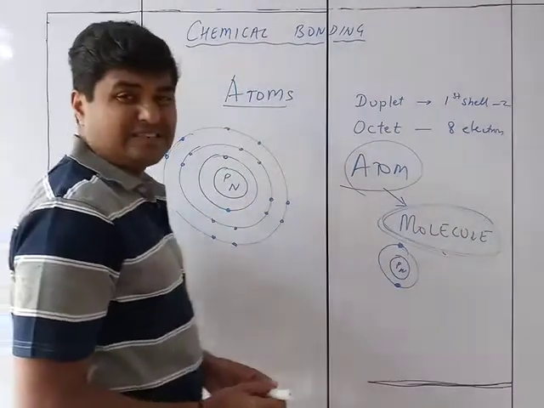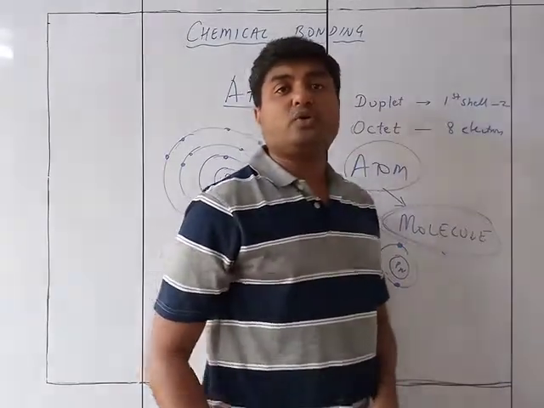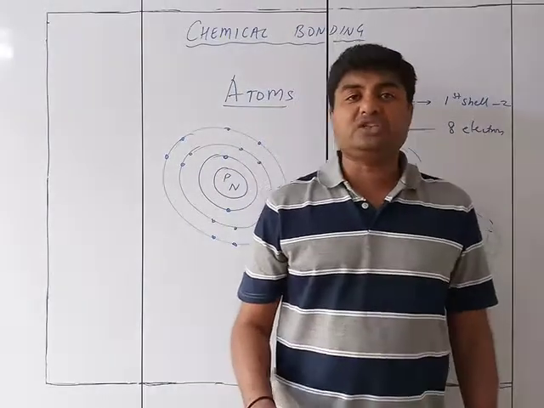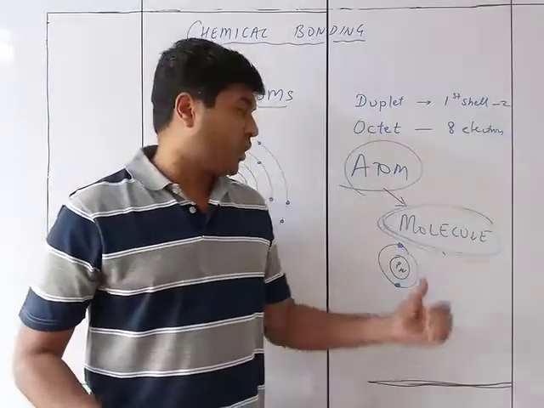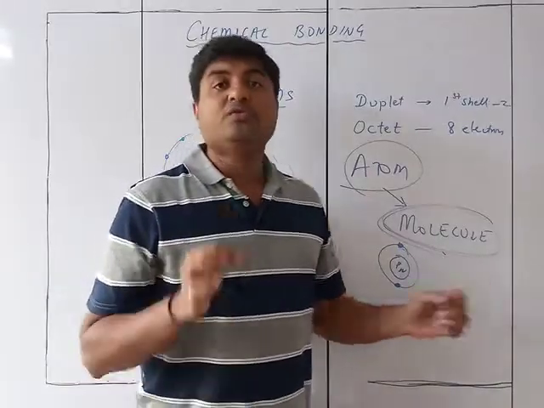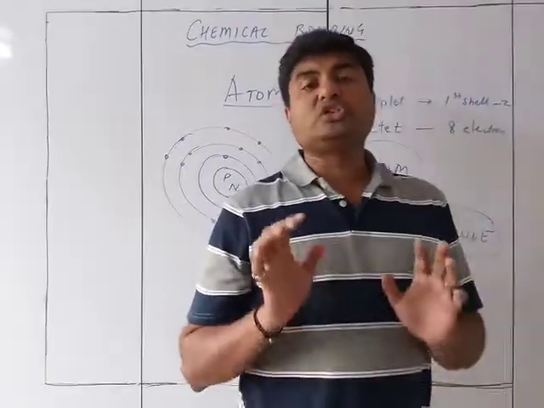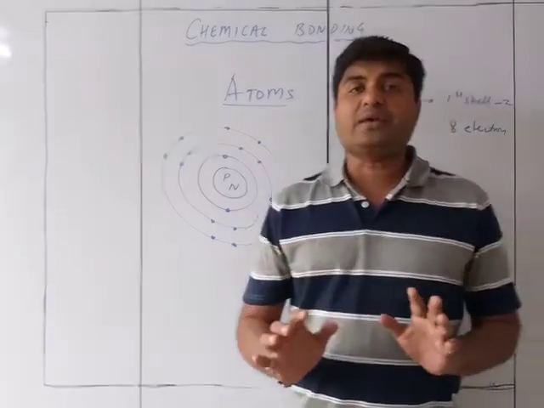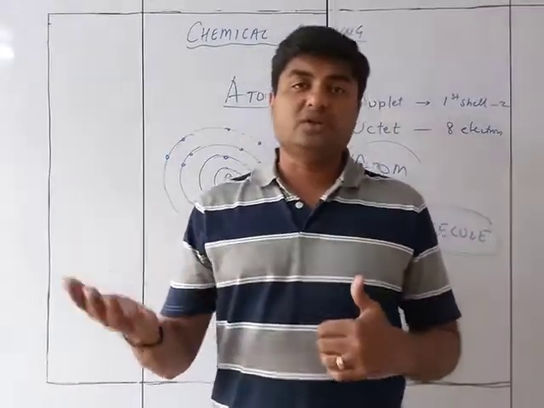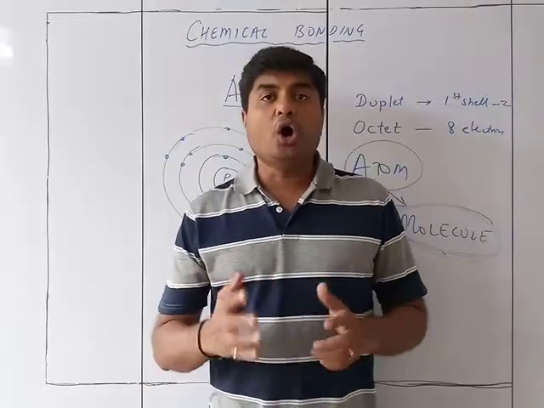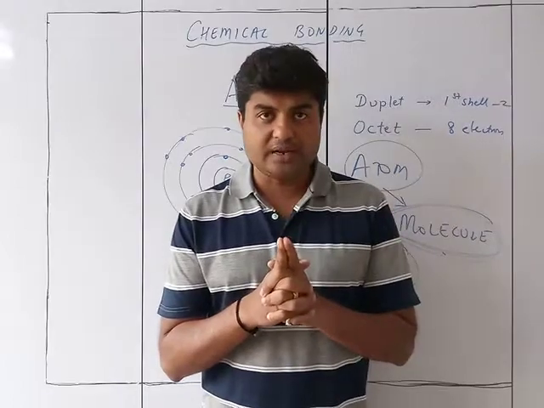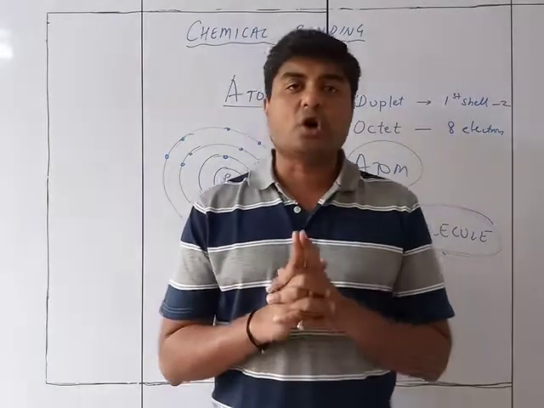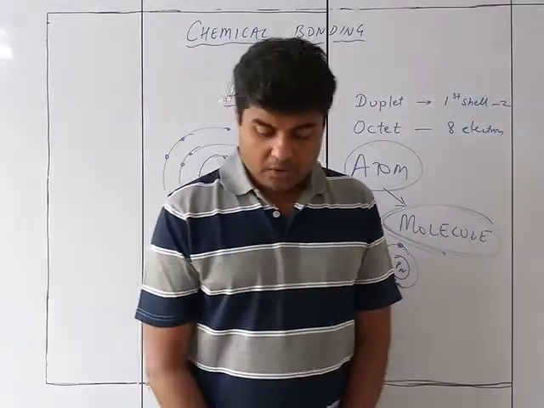So the existence of any element to be available freely in nature is possible only and only if it is formed into a molecule, which means its outermost shell has 8 electrons if it is the second or the third or the later shell, or it has 2 electrons if it has only one shell. That is, it has completed its octet or duplet.